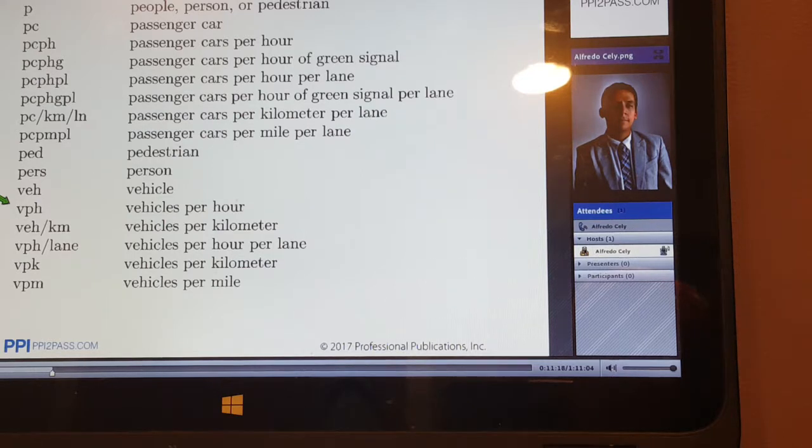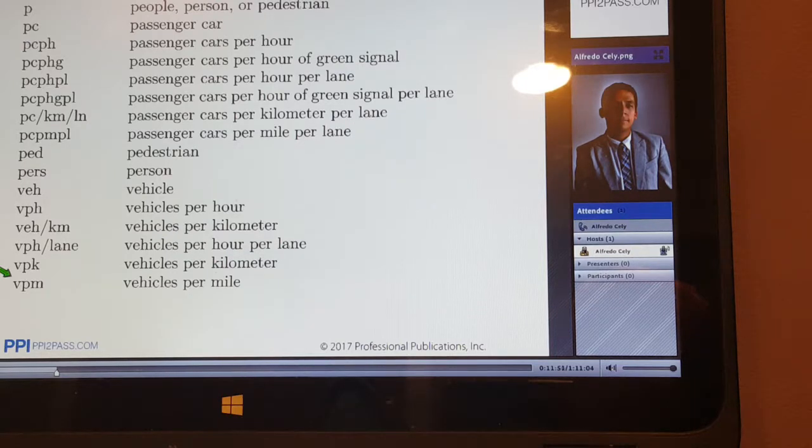So there are conversion factors to get vehicles per hour based on the percentage of trucks and the percentage of recreational vehicles to their passenger car equivalent. Then you also have vehicles per kilometer, vehicles per hour per lane, vehicles per kilometer, which is shown as VPK or veh over kilometer, and then vehicles per mile.